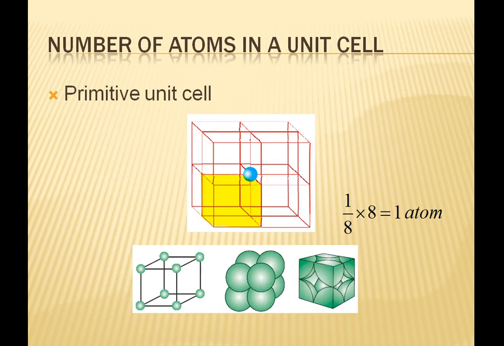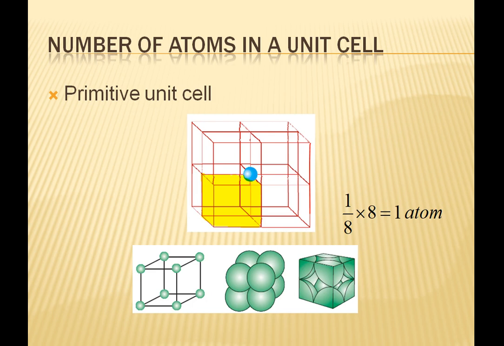This is the most important topic, that is to calculate the number of atoms in a unit cell. Let us first take the example of primitive unit cell. Imagine the room in which you are sitting. There is one ball inserted in one corner of your room. Now this ball, that lattice point, will be shared by 8 neighboring rooms.